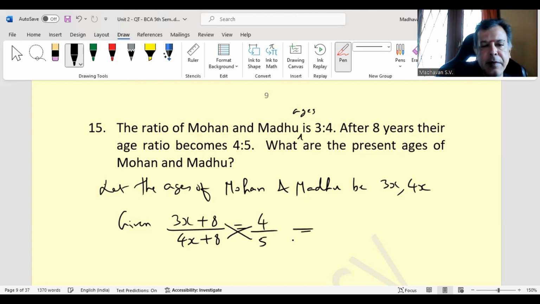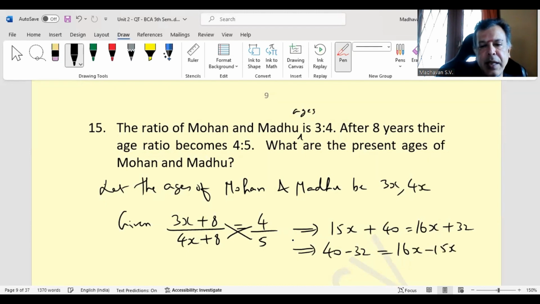Cross multiplying, we get 15x plus 40 is equal to 16x plus 32. That means 40 minus 32 equals 16x minus 15x. This is 8 equal to x.